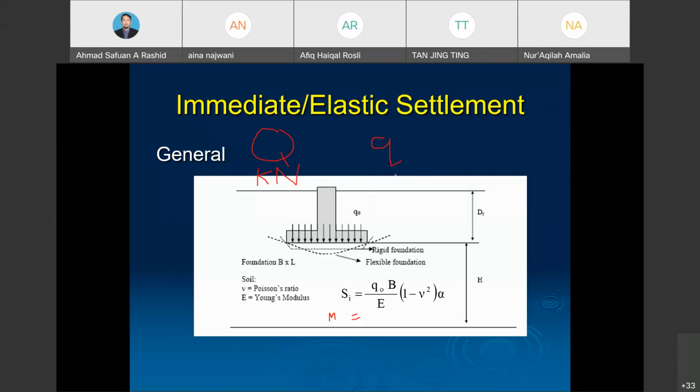Kalau untuk small letter q, the magnitudes normally is kilonewton per meter square. We can call it a pressure or stress. So if this is small letter q, the unit is kilonewton per meter square.